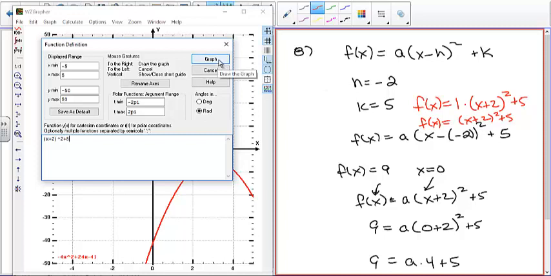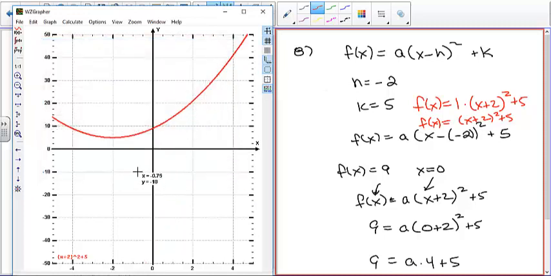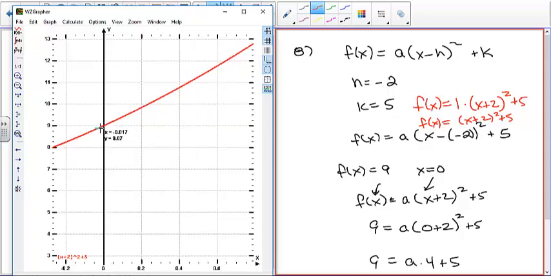If I plot that function in standard form, x plus 2 squared plus 5, you'll see that at x equals 0 the function is equal to 9. It's right there.